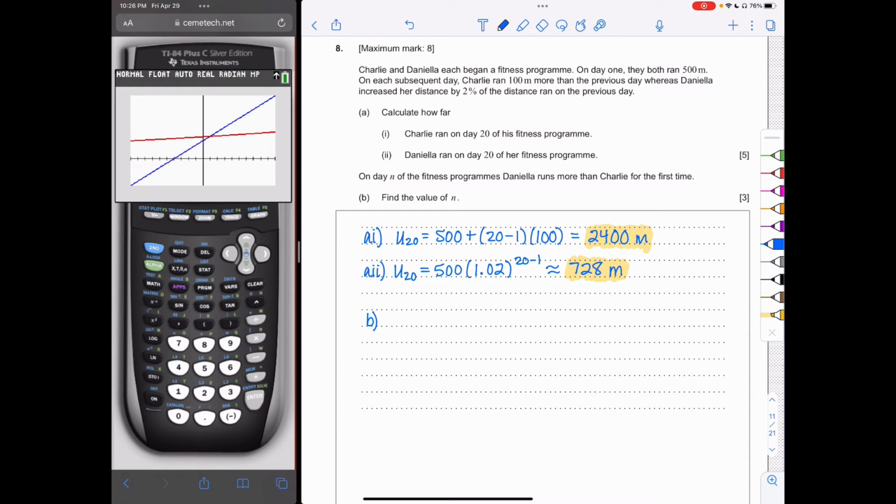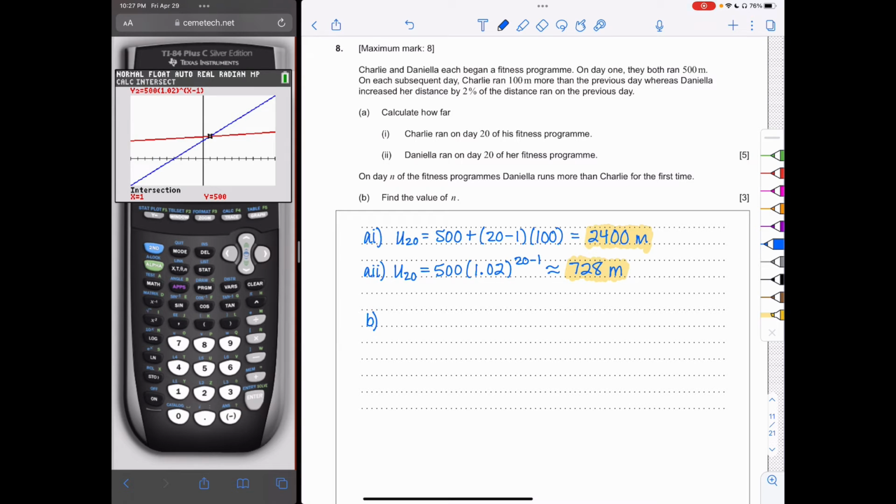So when I do that, I press second trace and I go to intersection, and I press enter 3 times. I can see here that when I do this intersection, I get 1/500.